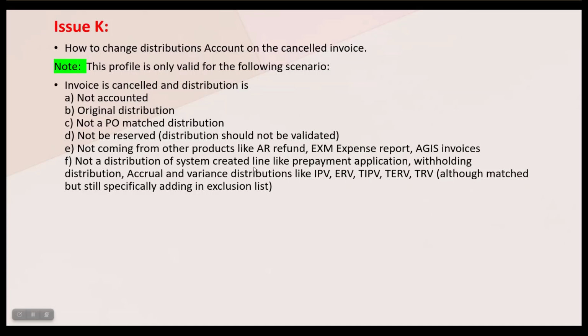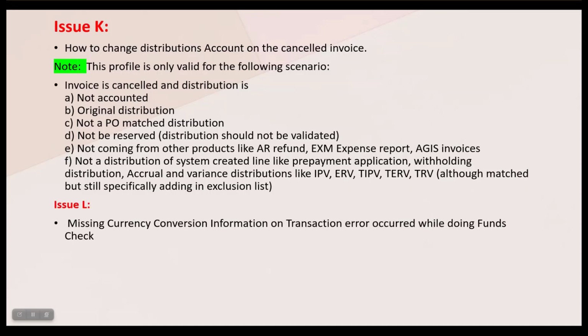It is not a system-created distribution like prepayment application, withholding, IPV, invoice price variance, ERV, TIPV, whatever. It's not related to accrual and variance, which are system created by itself. In this case, you can update the distribution account on the cancelled invoice.